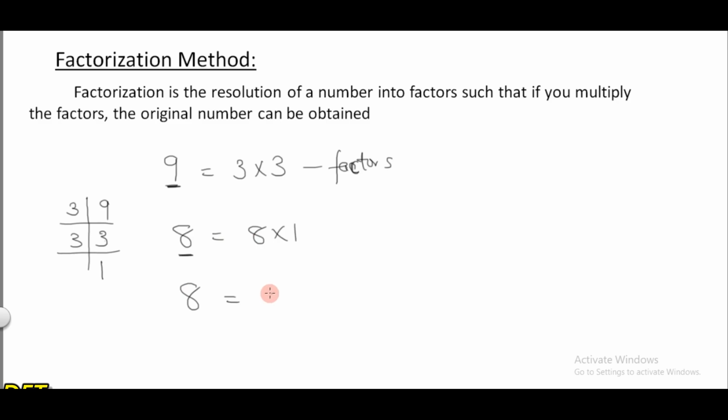Again, factors of 8 can be 2 times 4. When you multiply 2 times 4, you get 8. So that's what factorization is all about.